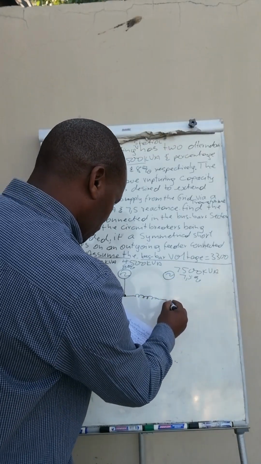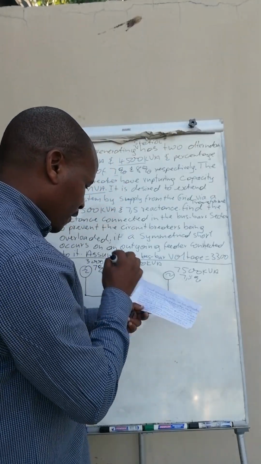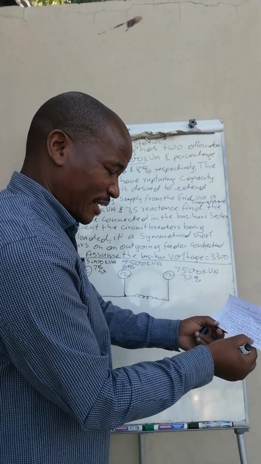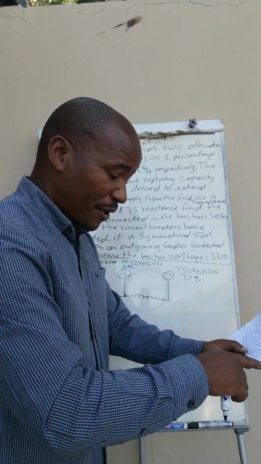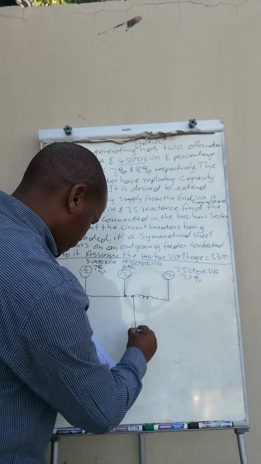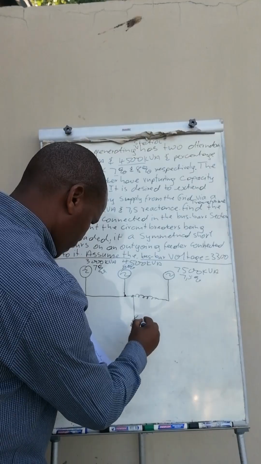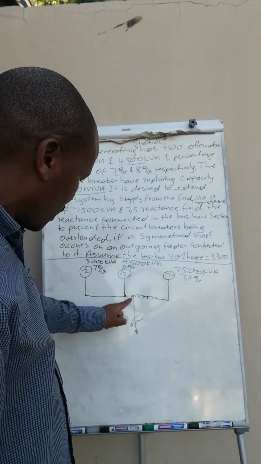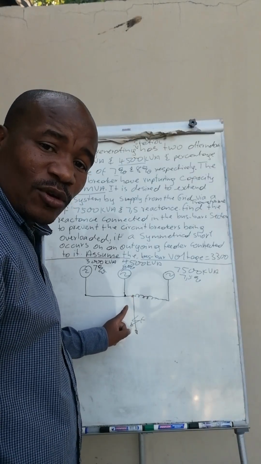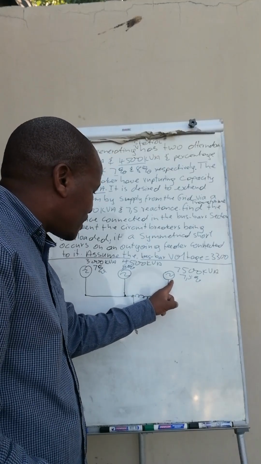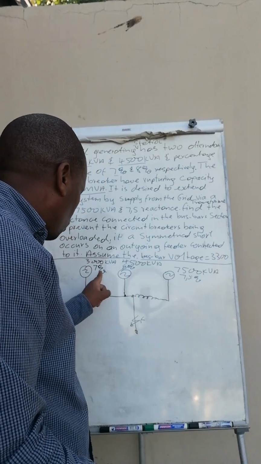If a symmetrical short circuit occurs on an outgoing feeder connected to that reactor, this is where the fault occurs. The symmetrical fault is going to occur on this outgoing line. It's a line or a feeder, and that feeder is connected to the reactor that links this transformer to these two alternators. One additional piece of information.